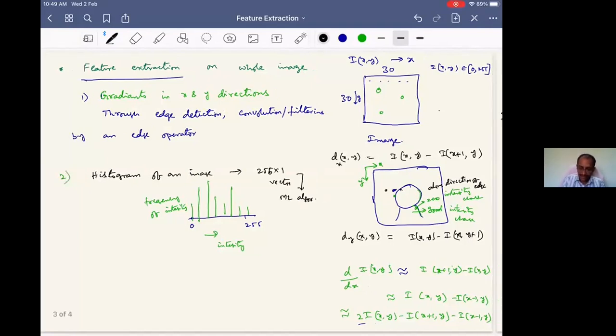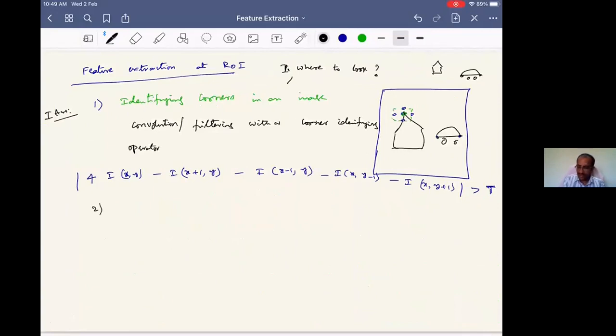The other way of doing it is that histogram can also be a feature when we want to look for particular objects, or different regions of interest. What we do in that case is we make the histogram for each different part of the image. For this one histogram, and this is also another histogram. These are referred to as local histograms.